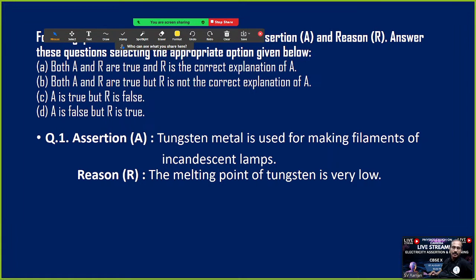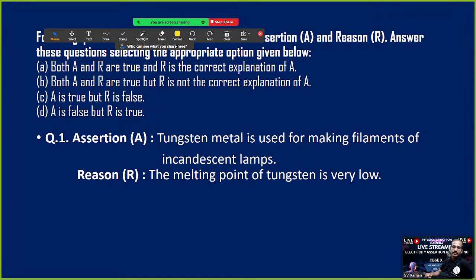Second option, both assertion and reason are true, reason is not the correct explanation of assertion. Third option, assertion is true but reason is false. Fourth option, assertion is false but reason is true. These 4 options are the same for all the questions.